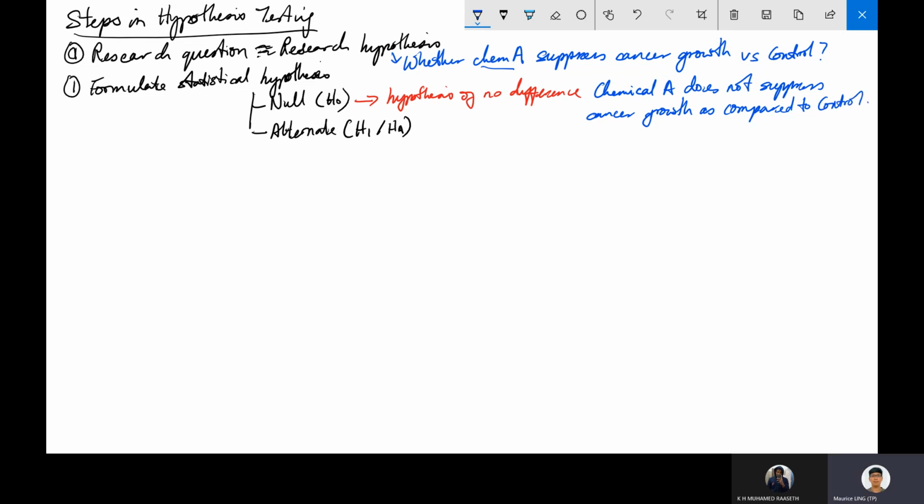Mathematically, you write this as your null hypothesis: the average of growth in chemical A equals the average of growth in your control.